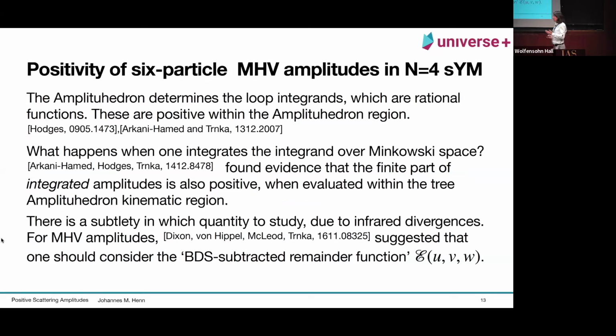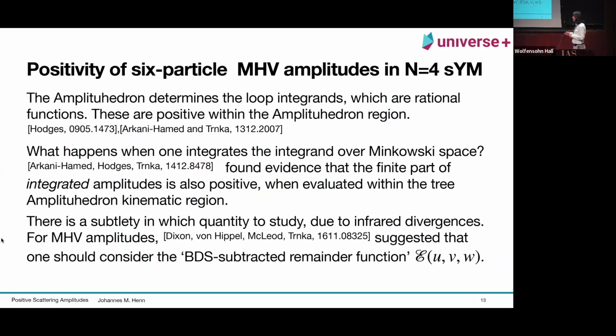I already said that the motivation is really the amplituhedron, and we're building on top of previous work where positivity had already been observed in several examples, including by Lance and his collaborators. So let me just say a few more words for those who have not followed this in detail.